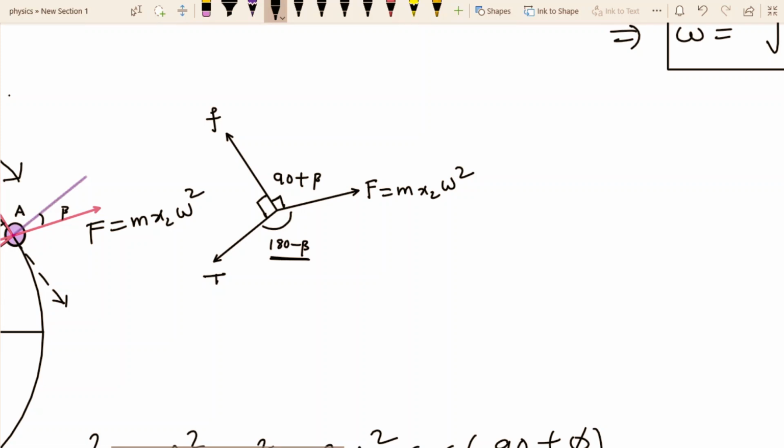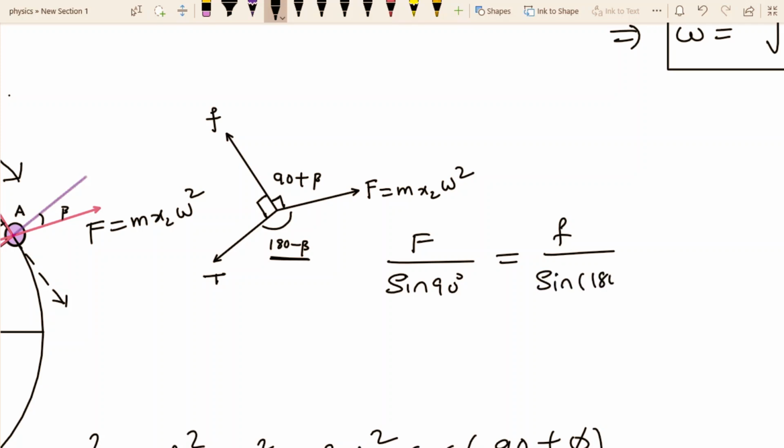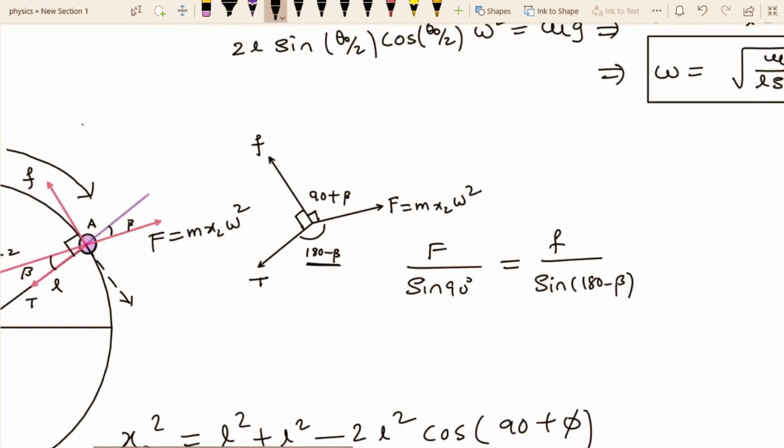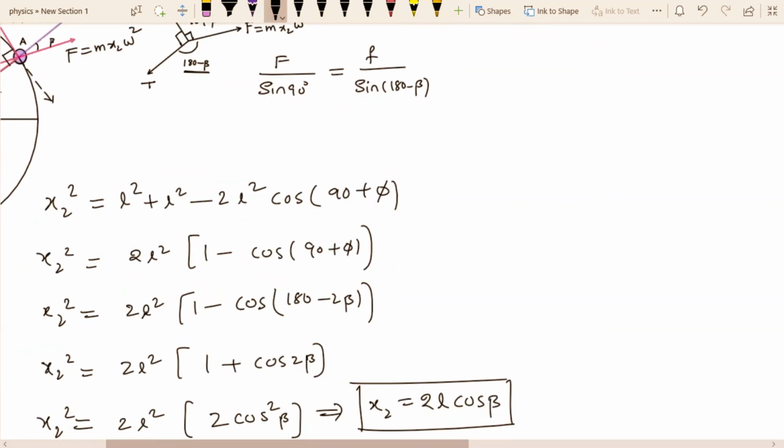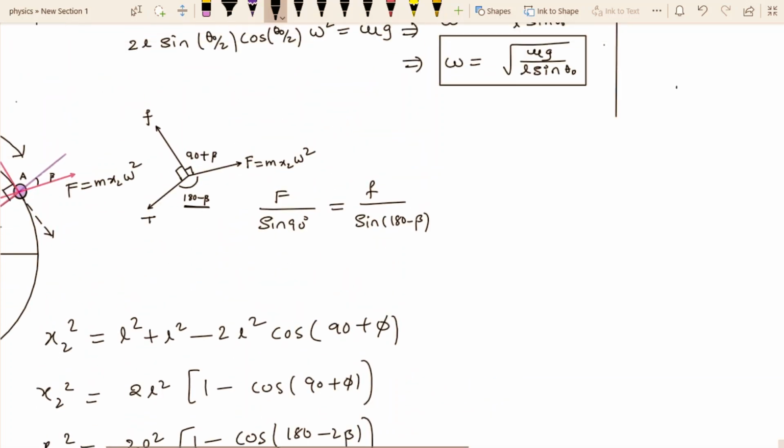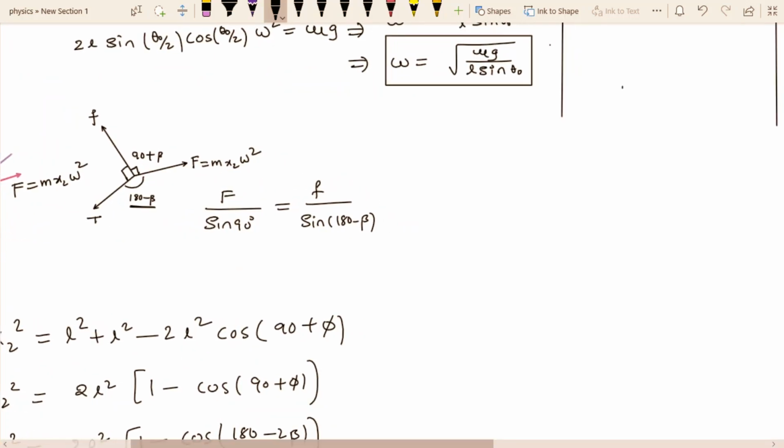So you can just apply here. What can we write? F divided by sine 90, because this opposite angle is 90, equals frictional force divided by sine of 180 minus beta. So just see what we will get if you simplify. Please remember that x2 value, and F is already there.